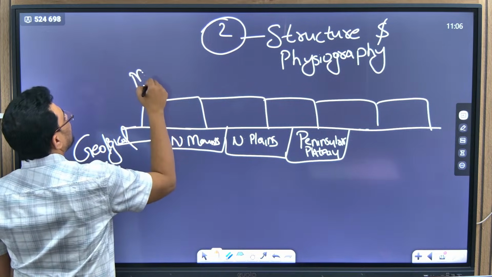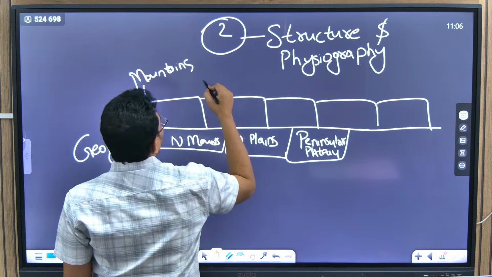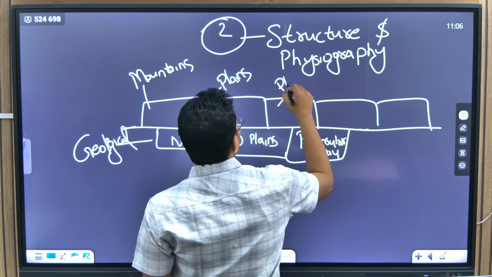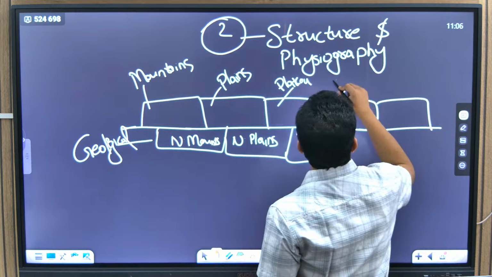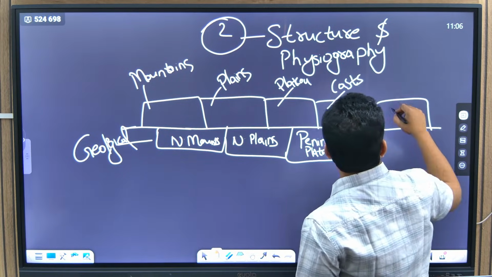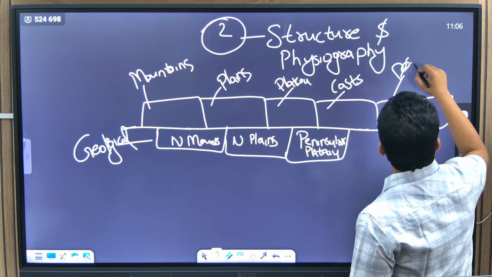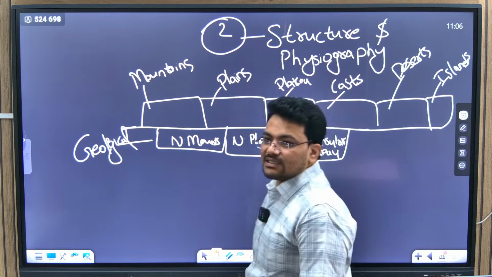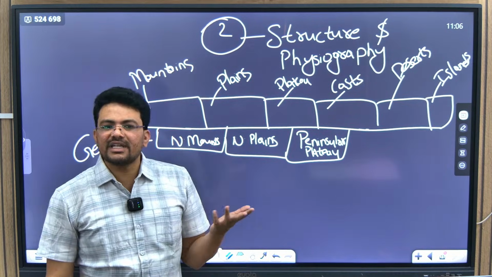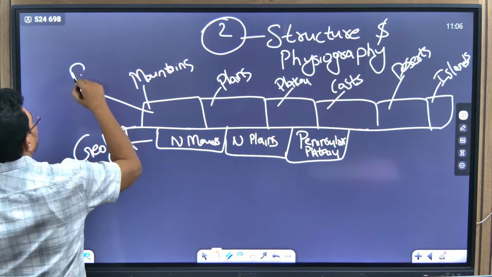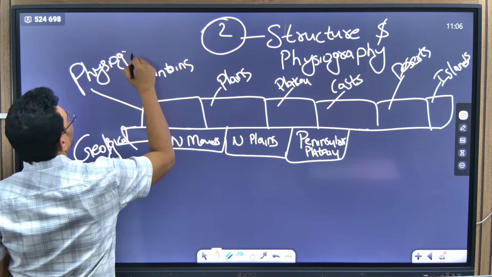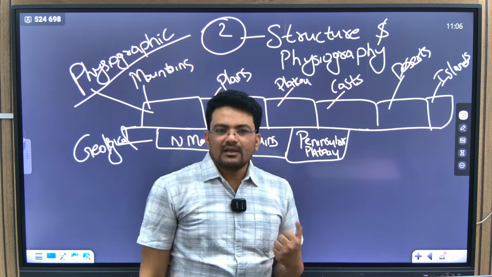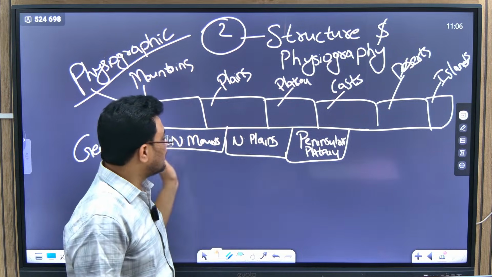Again the same: the mountains, plains, plateau, along with this the coast, deserts, and islands. These are the six features that you can see from above. These are called physiographic divisions. Now we have six on the top and three on the bottom.